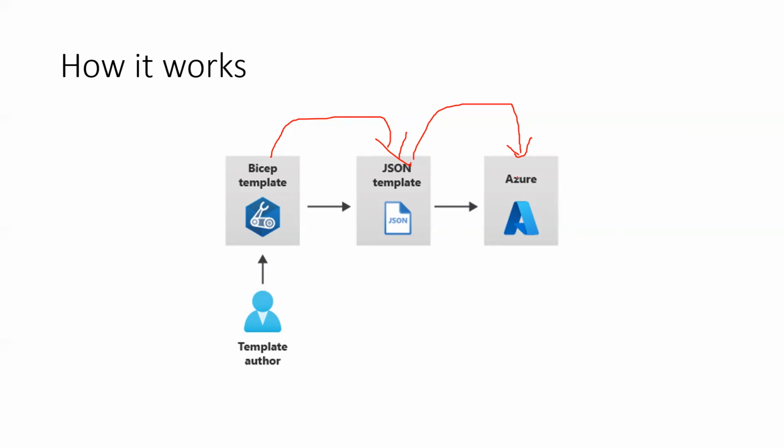Today Azure Resource Manager understands only the JSON syntax, so whatever language we use, we need to convert everything into JSON and then deploy it. So we create a template, and that template gets deployed into Azure. In between, it gets converted into a JSON template.